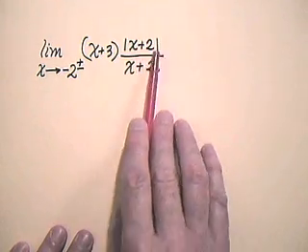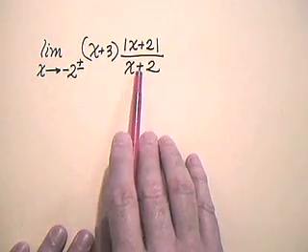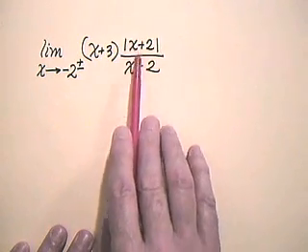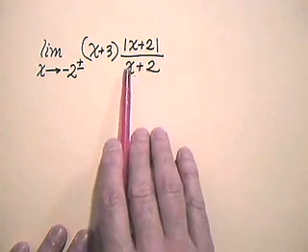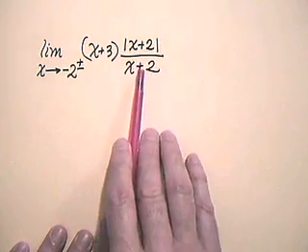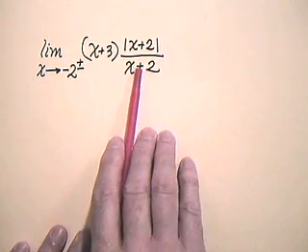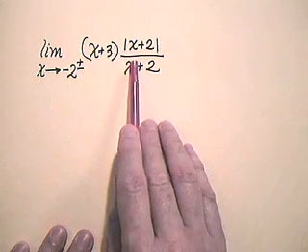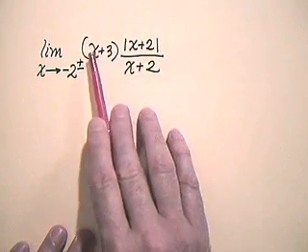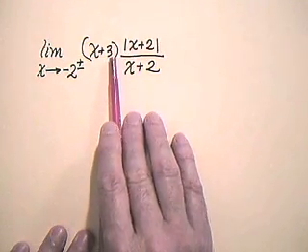Other than that, notice the numerator and the denominator have the same absolute value, and so consequently the quotient can only be plus or minus 1. So when the denominator is negative, we have to be getting negative 1. And so consequently, as x approaches negative 2 from the left, we're dealing with negative 1 times the quantity x plus 3.